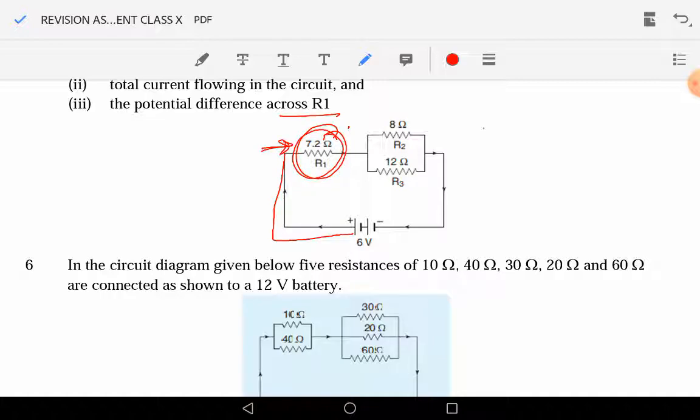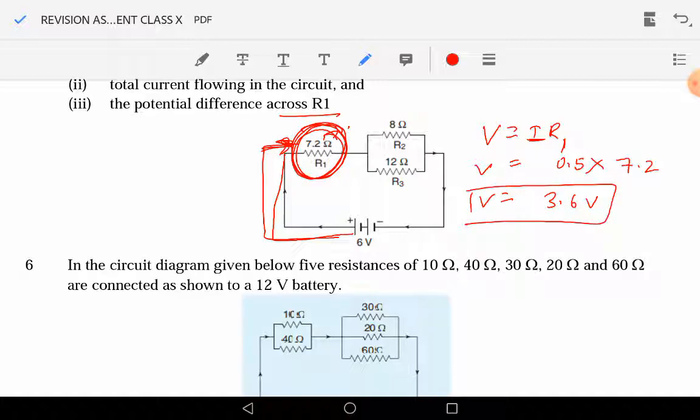So we can apply the formula V is equal to I R1. I will be the total current because that is flowing, and the same current will flow through this one also. So that will be 0.5, and R1 value is 7.2, and the value that we get is 3.6 volt. Okay, so this is how we find the potential difference.